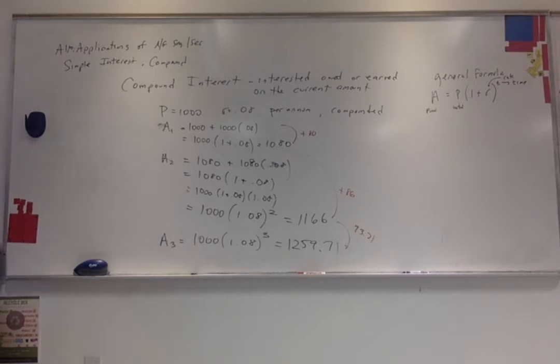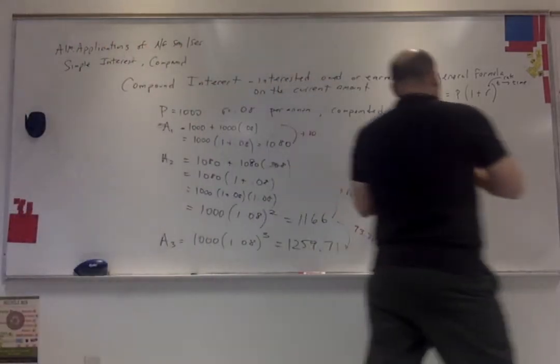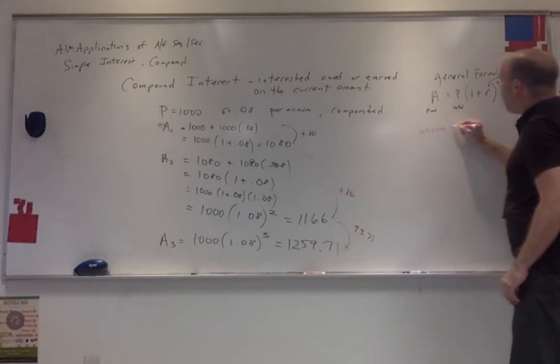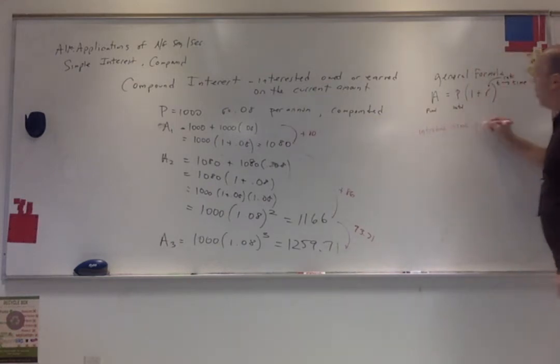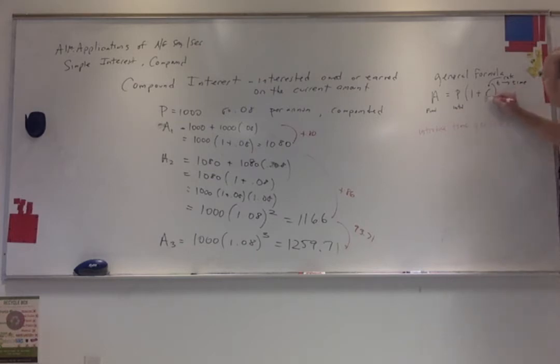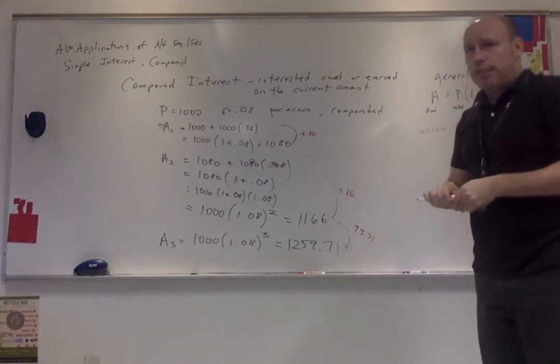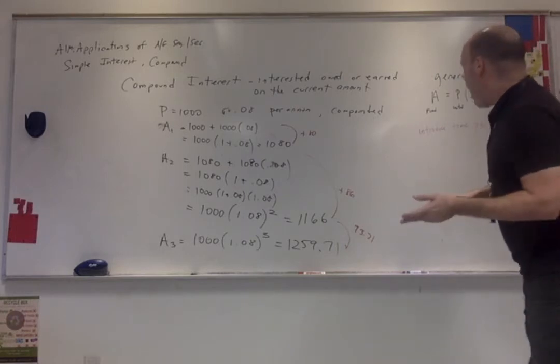Let's see, we're going to introduce time periods. And so I'm going to put that down here and up here. So I'm going to divide the r by n, and I'm going to multiply the t by an n also. You'll see this in the formula book. This is the idea of time periods.